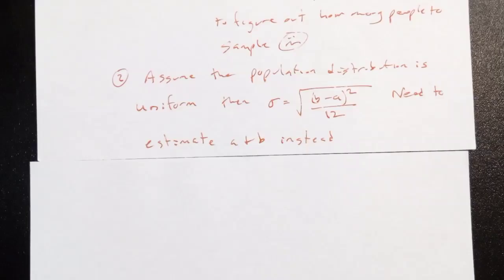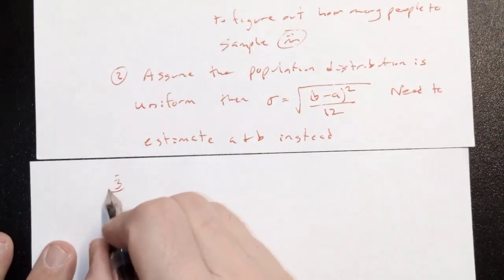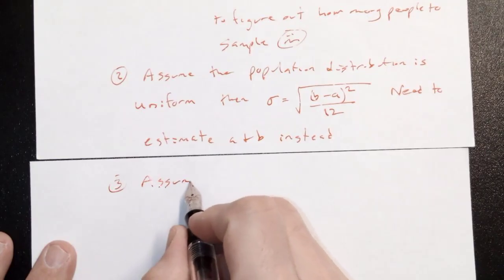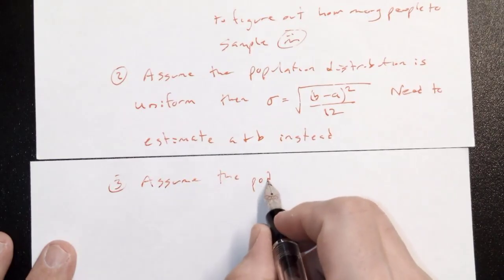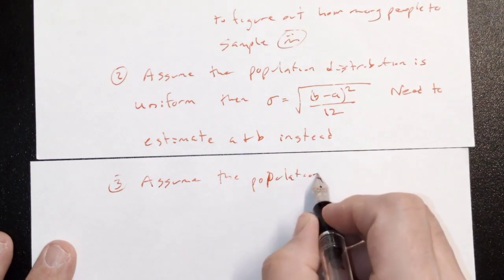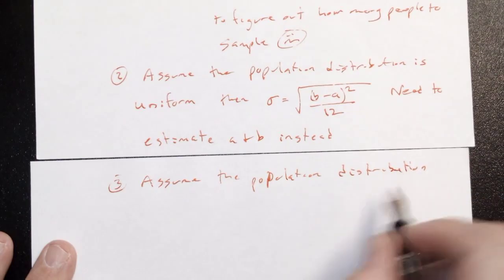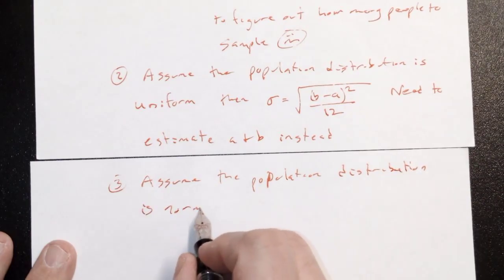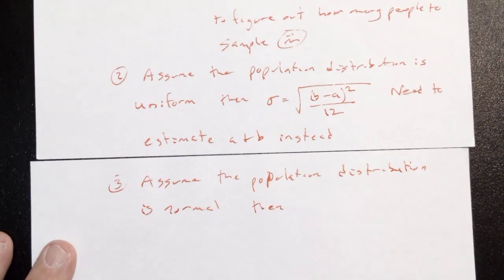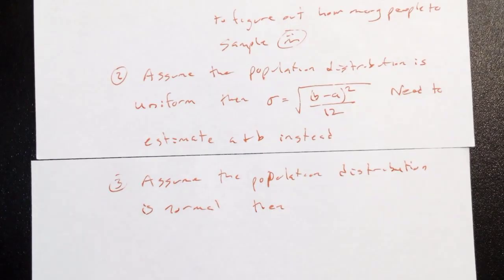What if I assumed it was normal? Then I know that 99.7% of the data is no more than 3 standard deviations up and 3 standard deviations down.